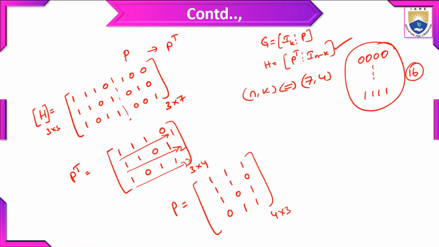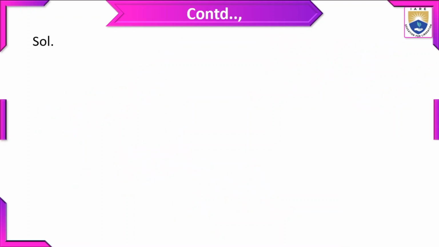So now we are going to add this coefficient matrix to the identity matrix. So let us add the identity matrix to the coefficient matrix P. Then you get the G. Why? Because they ask what is the generator matrix.